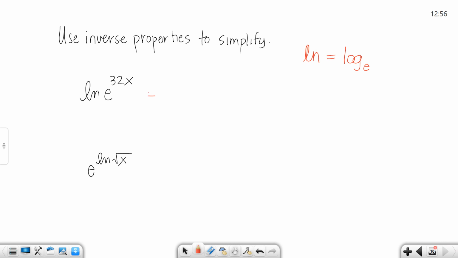For this first one, you can think about it this way. It would be log base e, because that's what natural log means, of e to the 32x. Well, I know that if I have a log base e and an e, they cancel each other out, and so that would give me 32x. So ln and e cancel each other out.